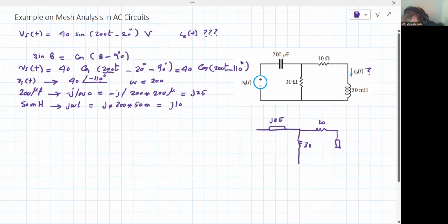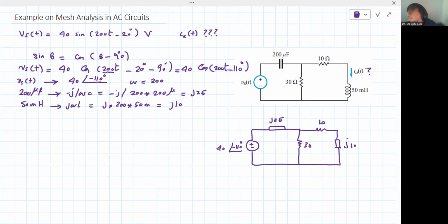Then the inductor will be j10, and for the source, it will be 40 angle minus 110. That's the circuit in the phasor domain, and we're gonna find capital IA, which is again in the phasor domain, then we convert it back to the time domain.